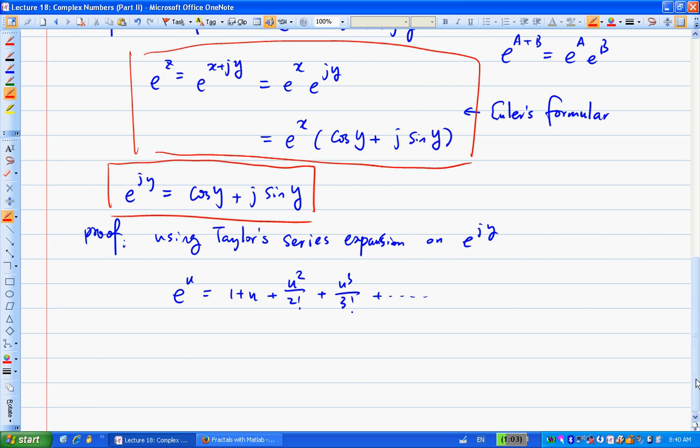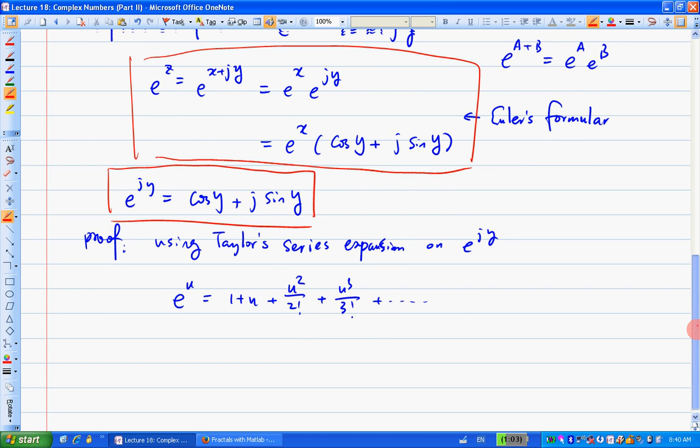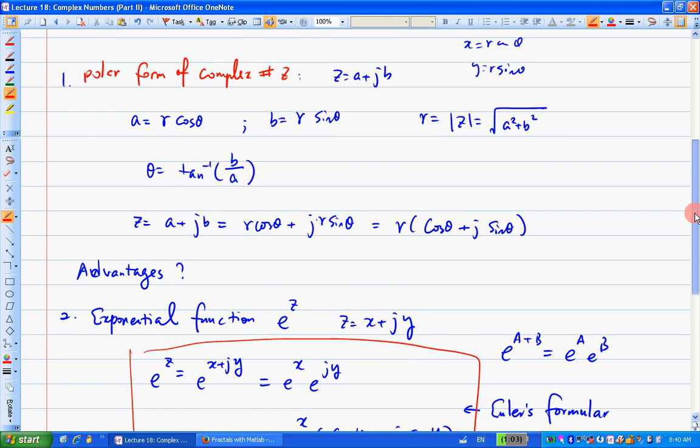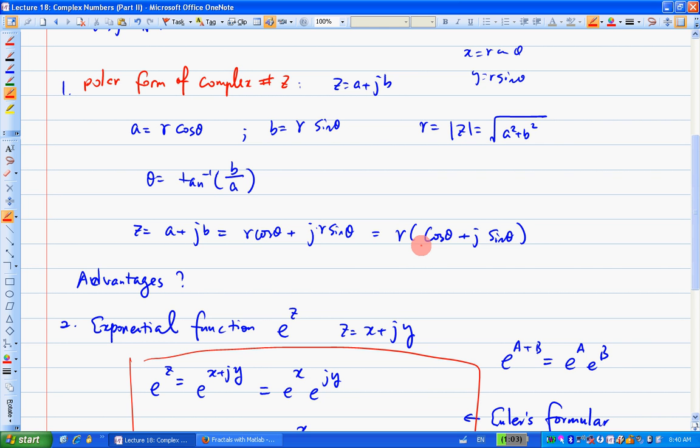And before we move on to talk a little bit more about Euler's formula, let's go back to this polar format here. Let's go back to the polar format. If I look at the polar format I just introduced here, I said given a complex number, you can rewrite your complex number as r times cosine theta plus j sine theta, right? Okay. So now look at this portion here, cosine theta plus j sine theta.